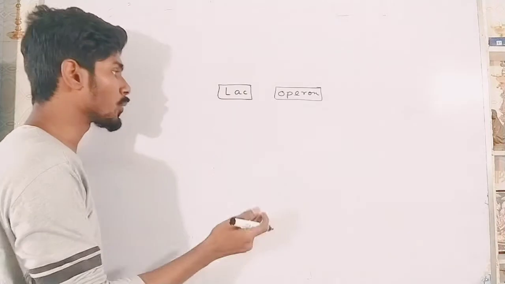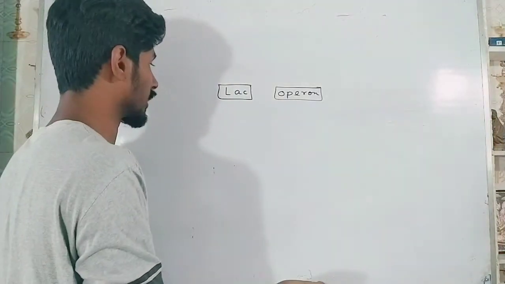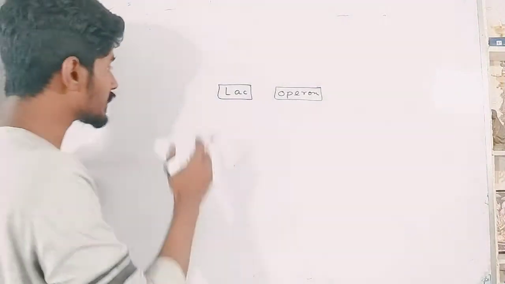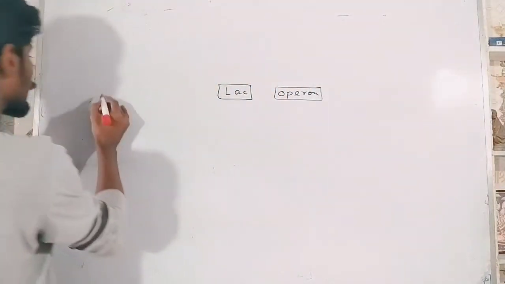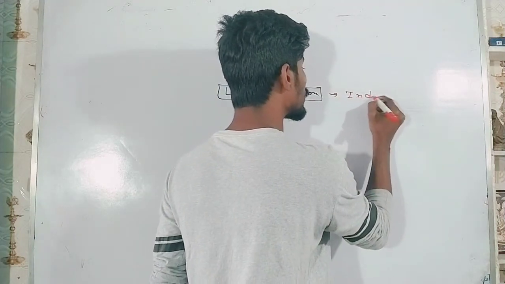It is called lac operon because this operon is dependent on lactose for its activation, or in other words, we can also say the presence of lactose itself induces the production of the required enzymes which are essential for lactose metabolism. And that's why we can call it an inducible operon.